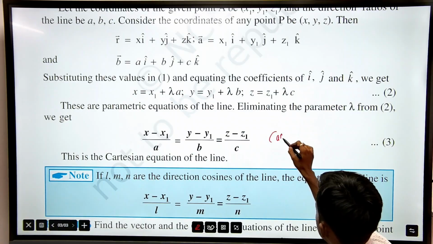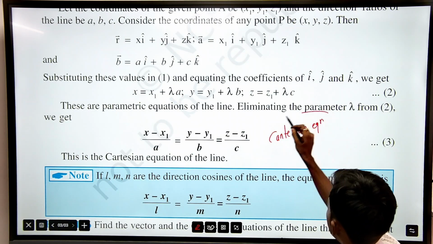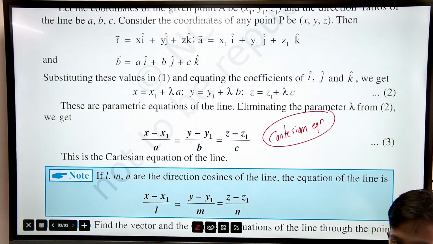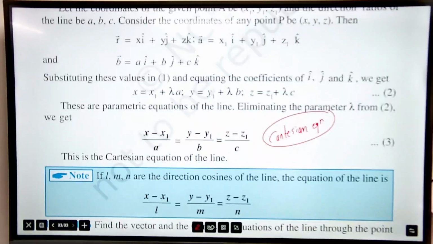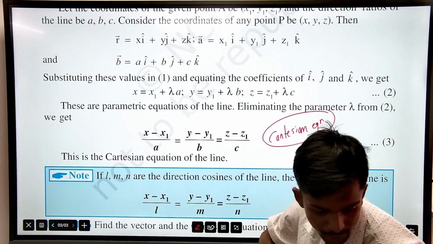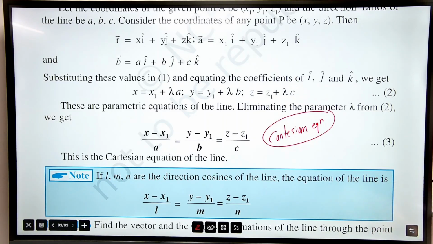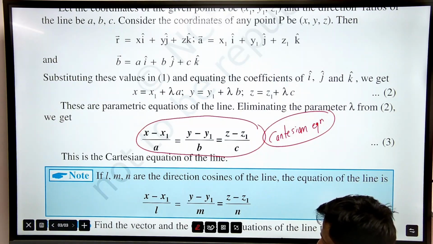This will be your Cartesian equation. ये इस वाले की बात कर रहा हूँ. बस इतना लिखो.